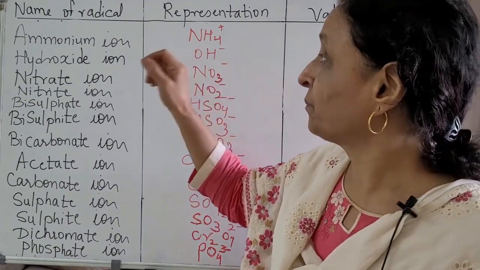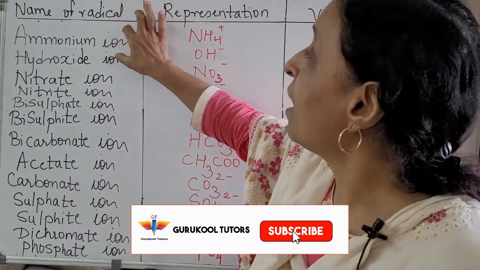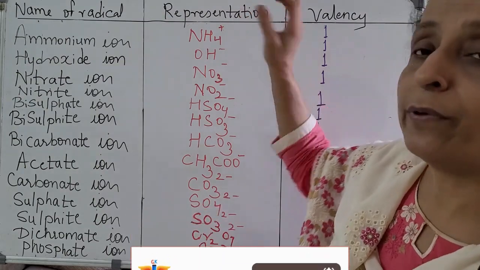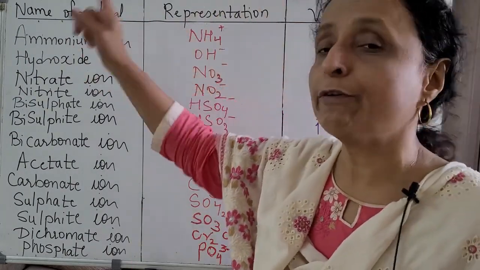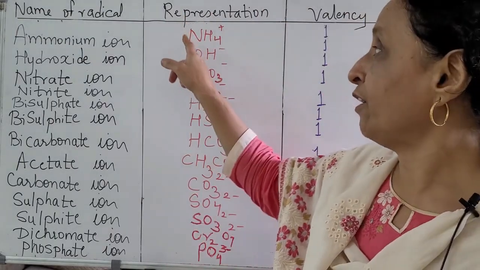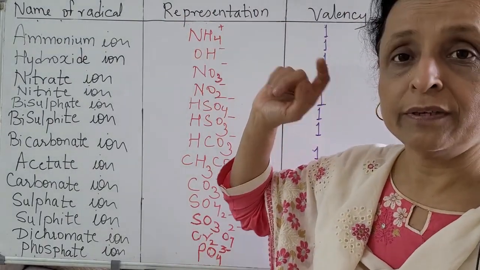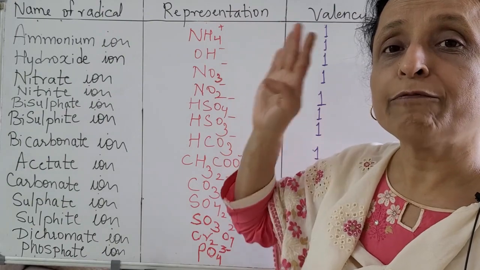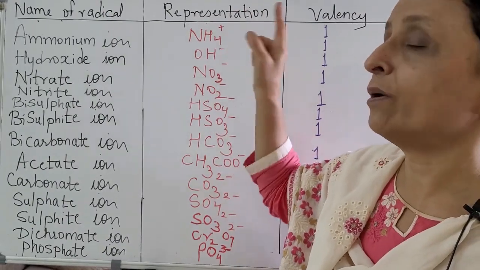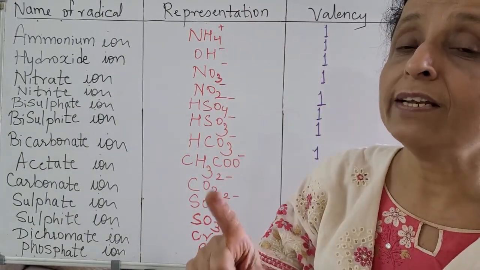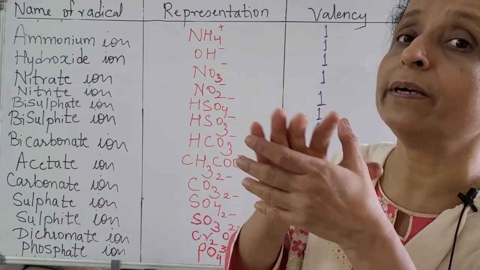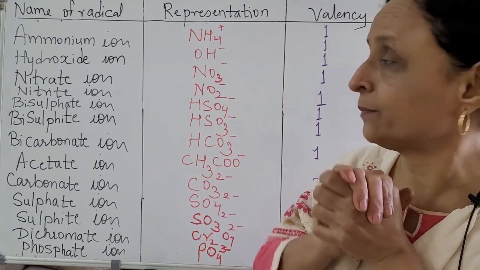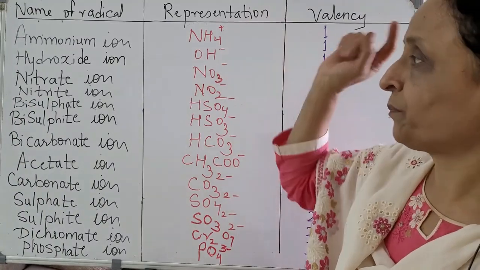Let's see. Now, ammonium ion is the only one which is positive. It has got valency 1. How is ammonium formed? By nitrogen and hydrogen, 1 nitrogen and 4 hydrogen. It has got 1 positive charge, 1 valency, that is its capacity to combine with other elements and form a compound is 1.